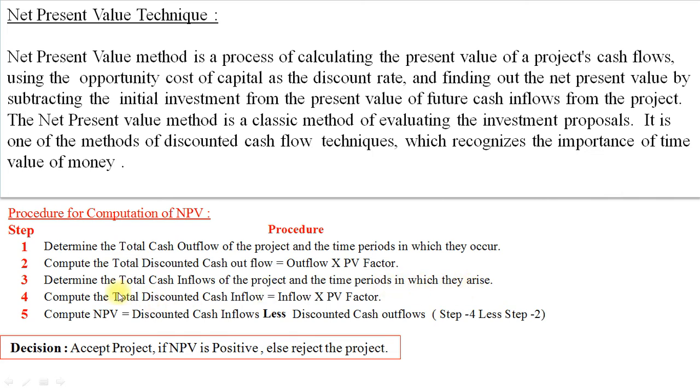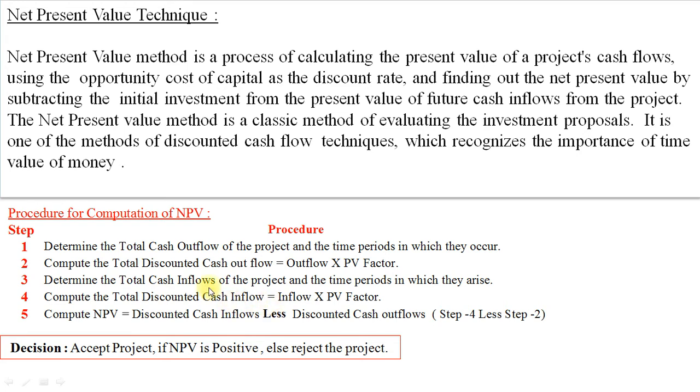Here in step number 3, we determine cash inflows. It means cash comes in from the project to the business, and the time periods, that means years, during which the cash inflows arise. In step number 4, we compute the total discounted cash inflow, same as step number 2.